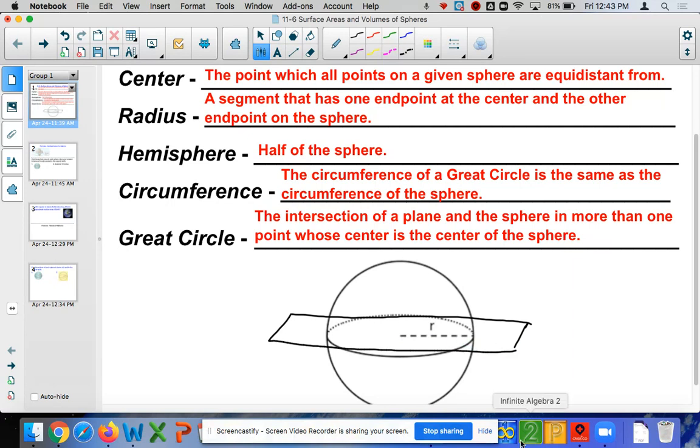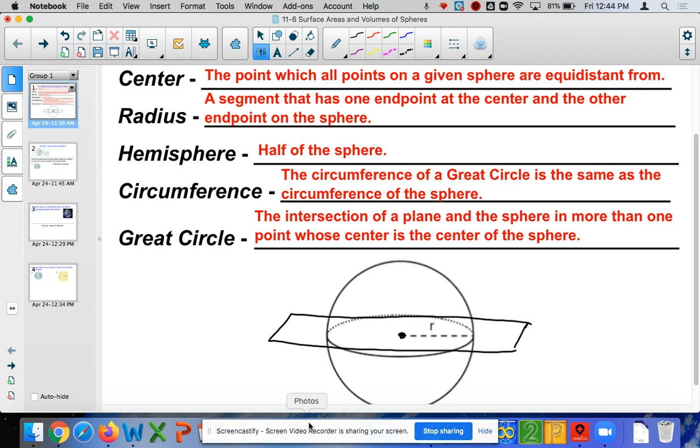It doesn't look pretty, but there's my plane and it intersects my sphere. And there it goes right through the center. That's what we call a great circle. And the circumference of that great circle, which is again 2 pi r, or pi d if they give you the diameter, that's the same as the circumference of the entire sphere.